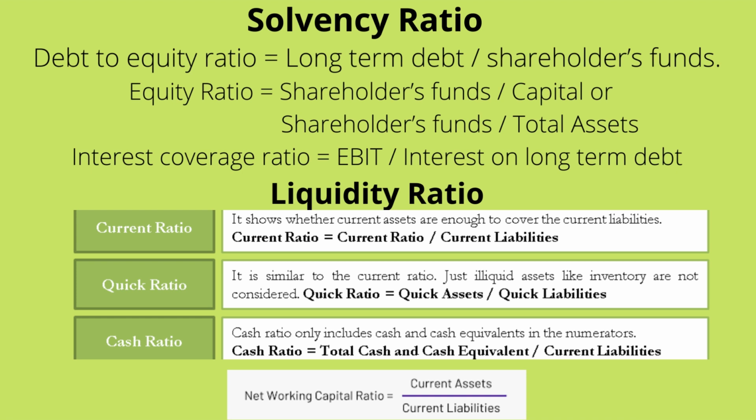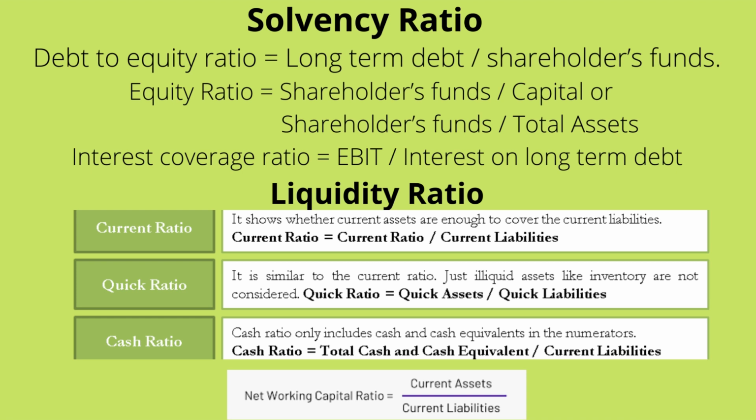If you want me to teach how to find the interest coverage ratio, I will make another video on that. Please comment. So which ratios are solvency ratios? Debt equity ratio, then proprietary ratio, which is also known as equity ratio, then interest coverage ratio. All these are solvency ratios, and capital gearing ratio is a solvency ratio.